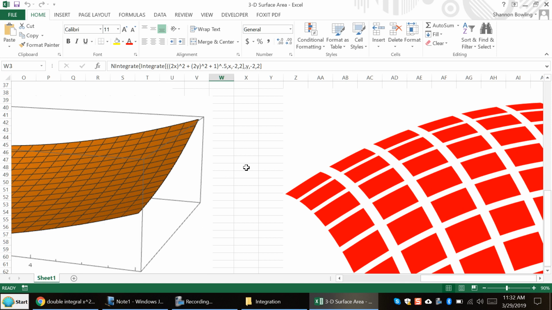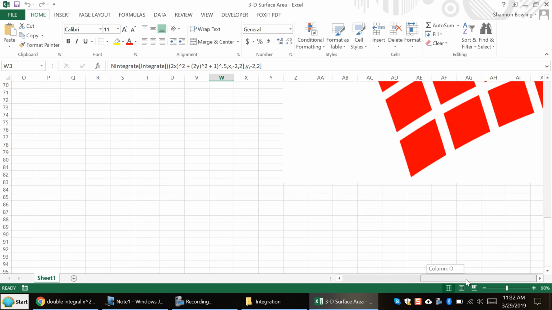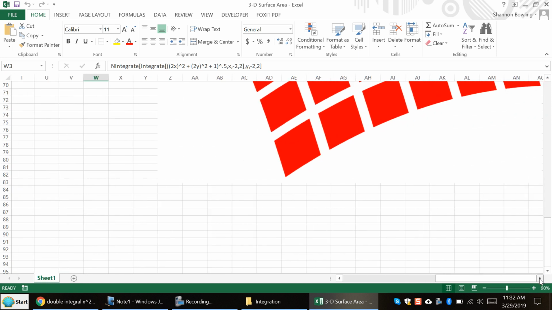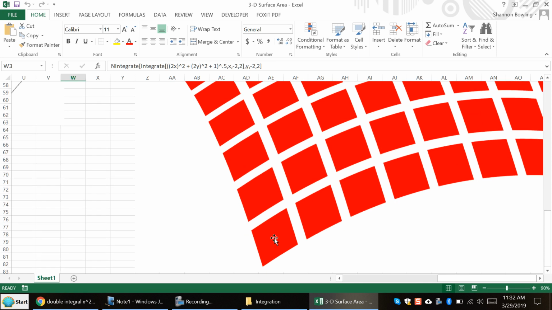Okay, so what you're going to do is calculate the area of each one of these little squares. Well, they're not really squares, they're quadrilaterals. So how do you calculate the area of a quadrilateral? Well, it depends. Is it a parallelogram? Is it a square? Is it a rhombus? Is it a trapezoid?